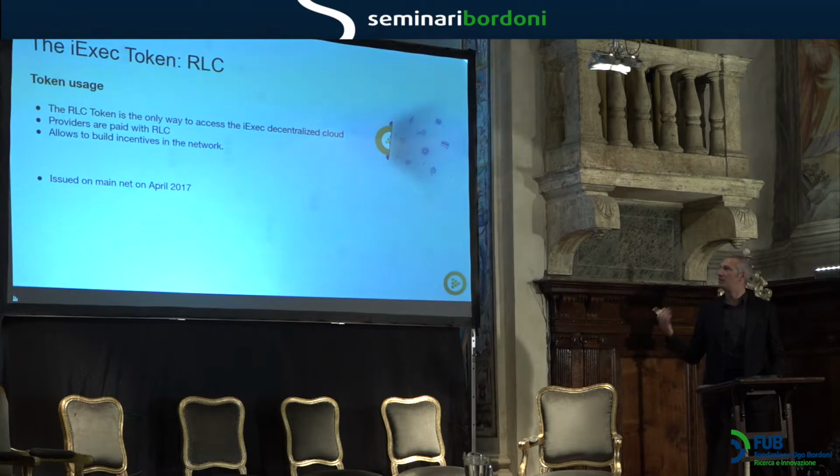What's really important is that we did this ICO because in the protocol, we had to manage value, and we had to build some sort of incentives. I will describe that later, but we had to manipulate value. We have to design the protocols around the exchange of money.